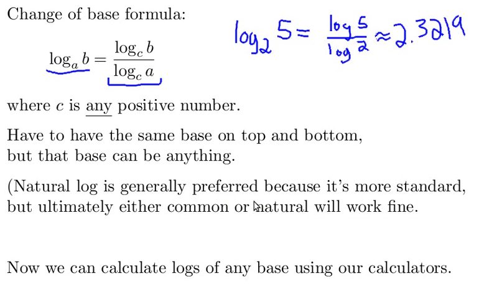Natural log is generally preferred because it's more standard. Computer programs would be more likely to use natural log. The back of the book would be more likely to use natural log. Although in this particular homework section, it has a section where you use common log and a section where you use natural log, but it really doesn't matter. I didn't close the parentheses here. That's going to drive me crazy.